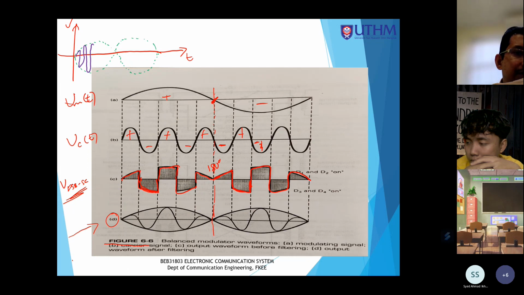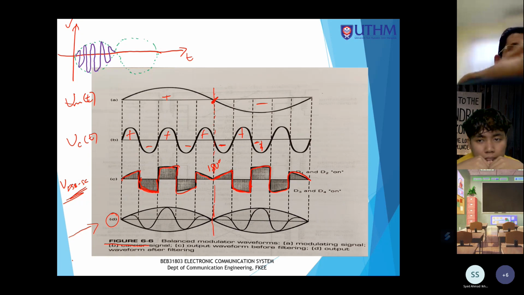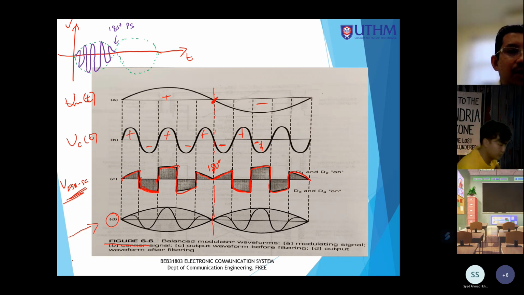So jangan guna pembaris. Don't waste your time to draw. Okay, so what happened here, you should show that 180-degree phase shift, perubahan fasa sebanyak 180 darjah. So instead of I'm continuing my drawing, kalau saya sambung dia sepatutnya pergi ke bawah tetapi berlakunya perubahan fasa 180 darjah, maka dia akan terbalik.